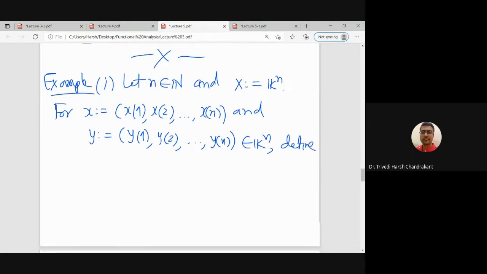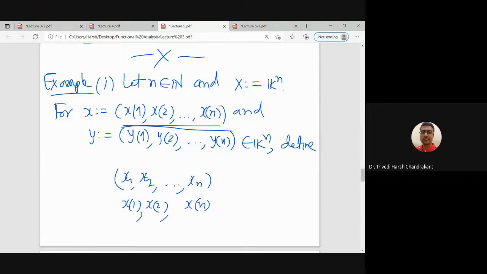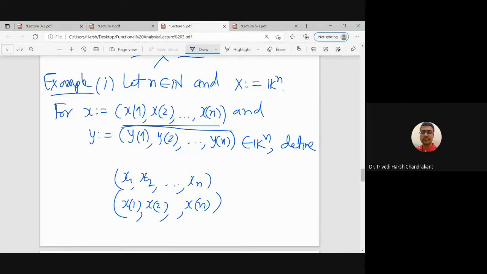So there is nothing new in this notation, right? Basically we are writing x1, x2, up to xn as a function of 1, 2, up to n, so coordinates we can write in this way.